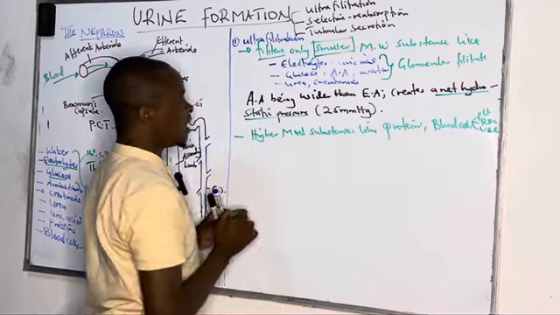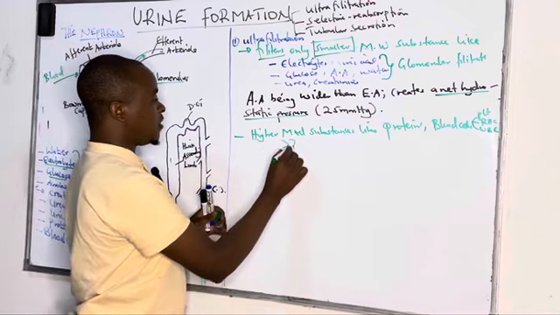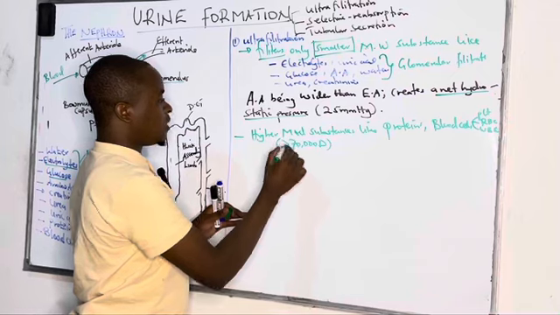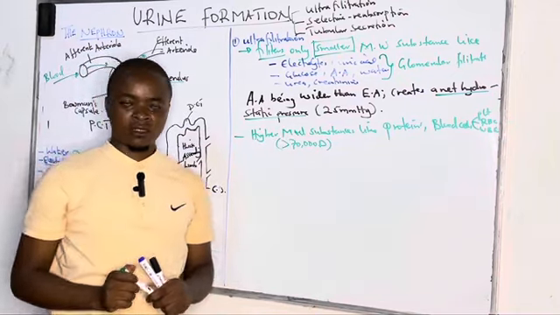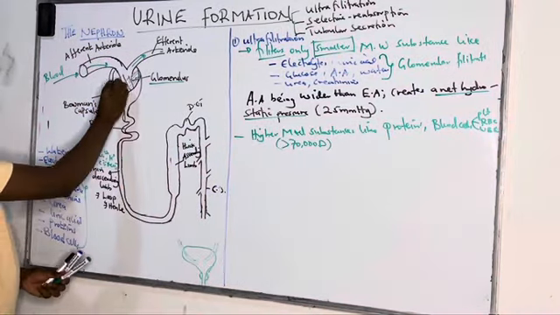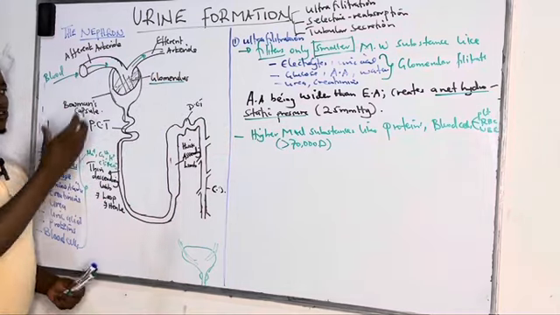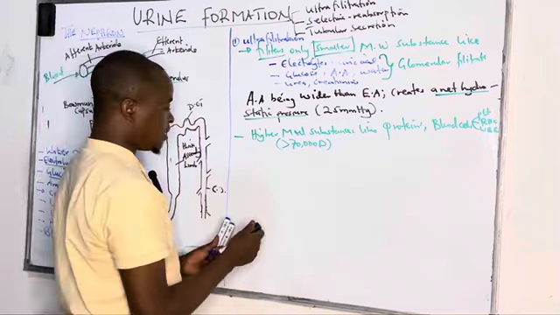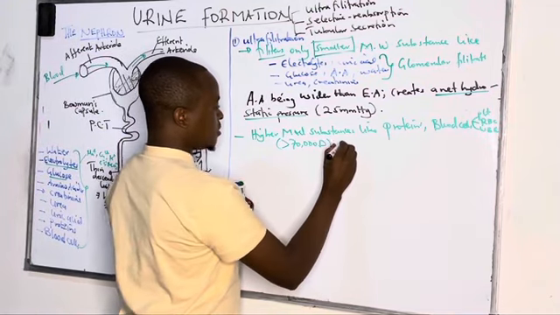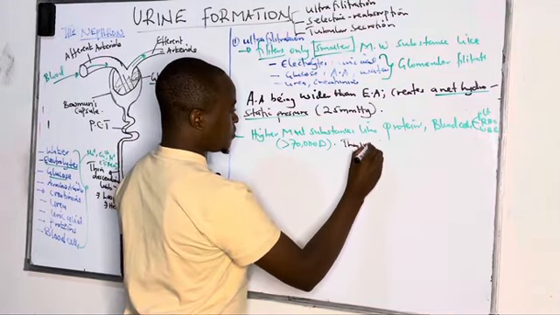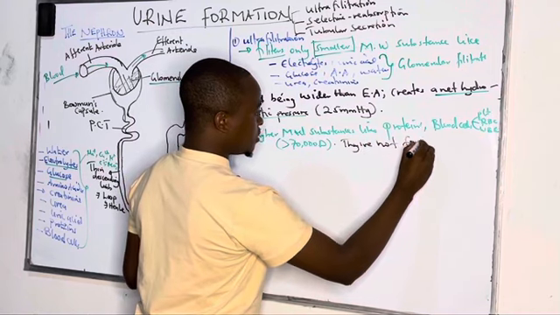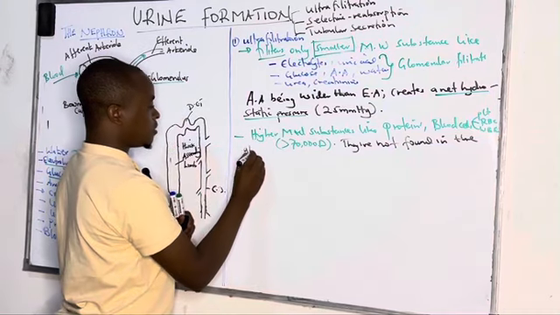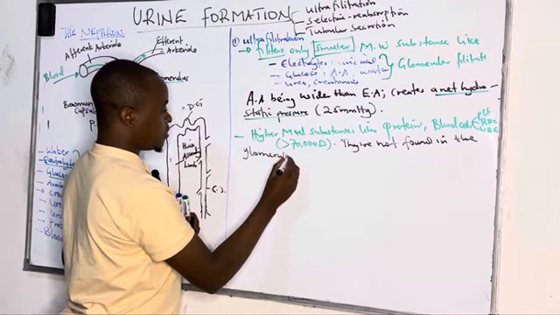For them having a higher molecular weight, they are greater than 70 daltons. Because they are large, they cannot be filtered to join the glomerular filtrate. So these substances like proteins and blood cells are not found in the glomerular filtrate.